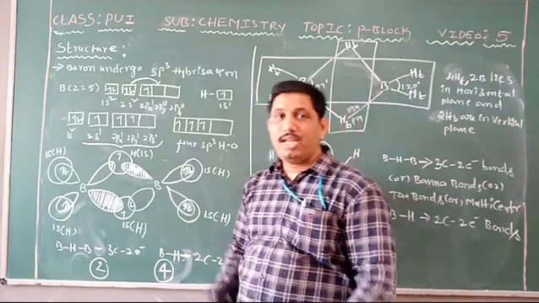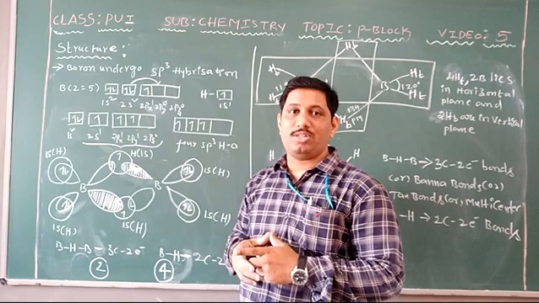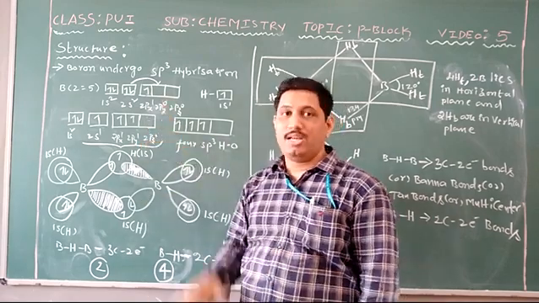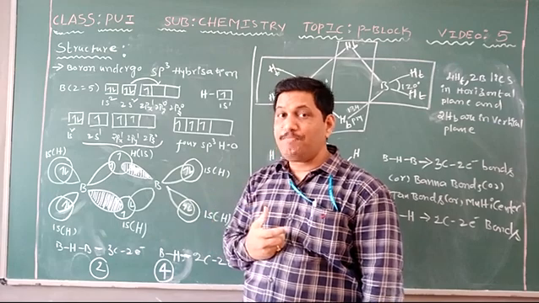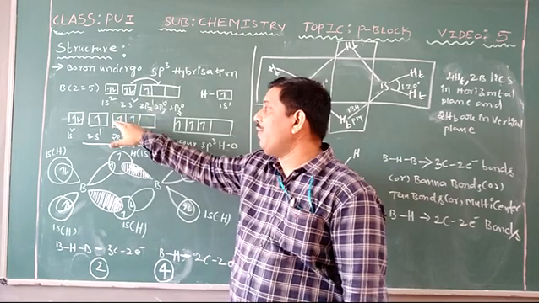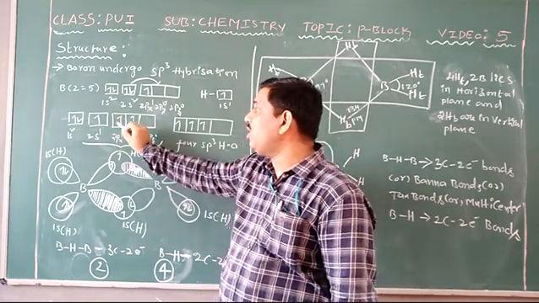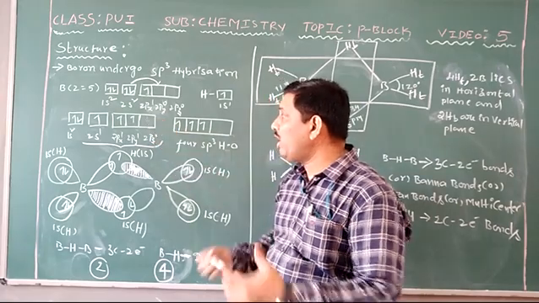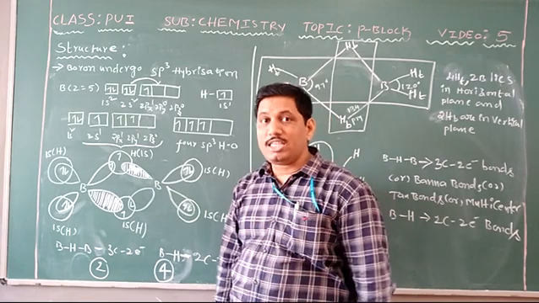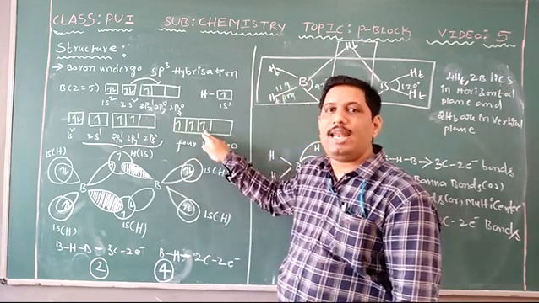Recall that point, student. Because the boron atom undergoes sp3 hybridization, one s orbital and 3 p orbitals are required. Therefore, one 2s orbital and 3 2p orbitals overlap with one another, and 4 sp3 hybrid orbitals are formed. Among the sp3 hybrid orbitals, 3 hybrid orbitals contain a single electron.